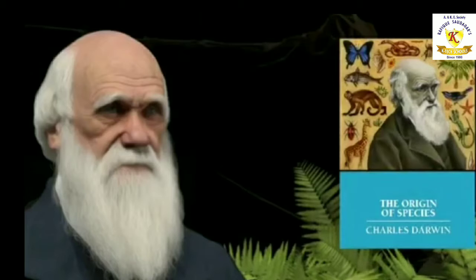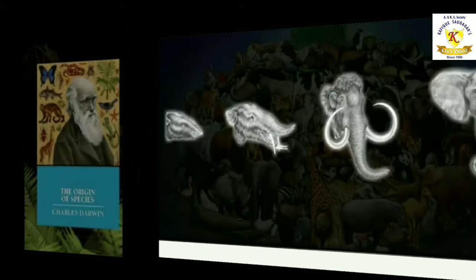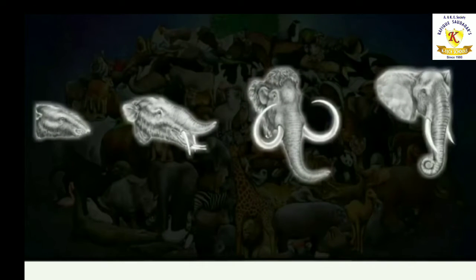Now while explaining the concept, Darwin says that all the organisms reproduce prolifically. Prolifically means producing a great number or amount of some organism.